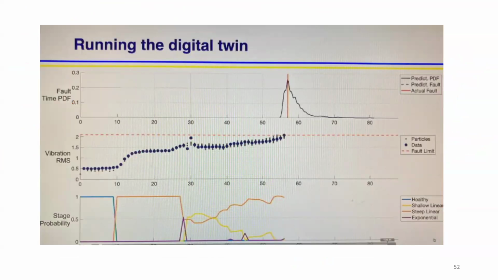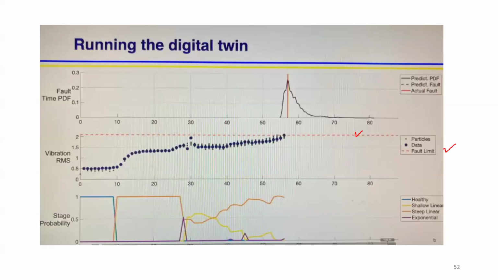So this slide shows how a digital twin can be used to monitor equipment health in real time and predict the remaining life of the equipment. From the middle graph, we see the vibration RMS values, the data points are in blue, and this red line is the fault.